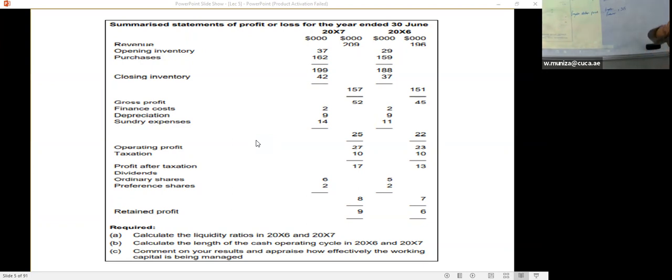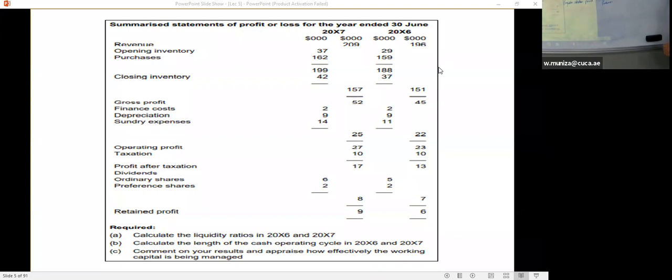Okay, and how much are the cost of sales? Sorry, I have taken the figures of 2007. So cost of sales for 2007 are 157.